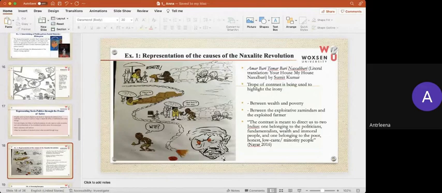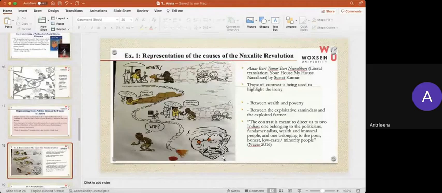It's very interesting that the artist uses a rope, because many farmers had committed suicide due to hunger before the Naxalite revolution. So this is the rope, the noose, and you can see at the end that it's on fire. So the revolution is taking place.